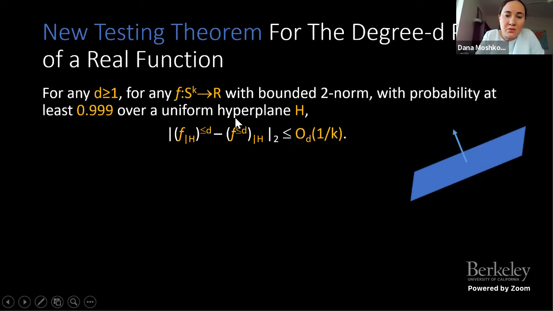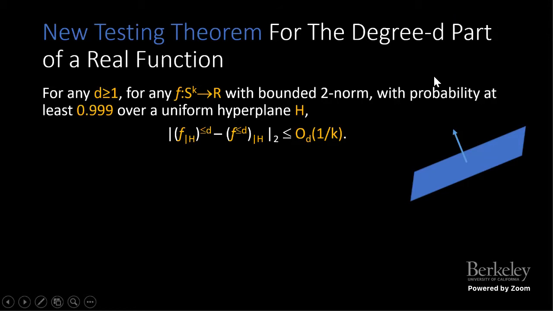And then you can restrict that to the hyperplane H. And what our theorem says is that with very high probability over the hyperplane, the local view here is the same as the global view restricted to H, up to basically 1 over the dimension. And there are some factors that depend on D that we neglect because we think of D as a constant.